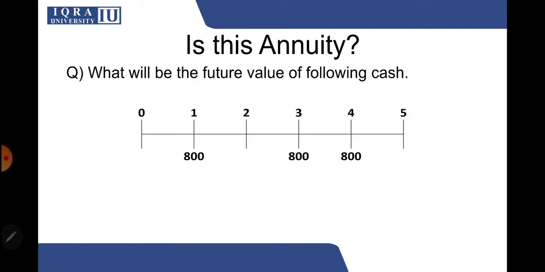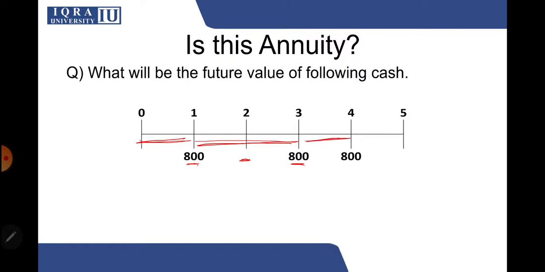So first let's try to make sure that your concept is clear. So is this an annuity? You can see that there is a payment at the end of the first year, but then there is no payment at the end of the second year, and then the payment is coming at the end of third year. So over here the time gap is 1 year, but from here till here the time gap is 2 years, and then it's 1 year once again.